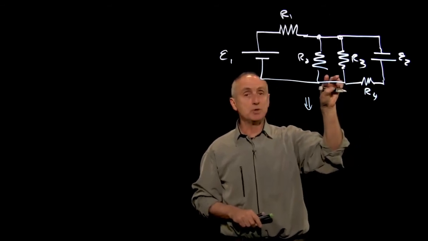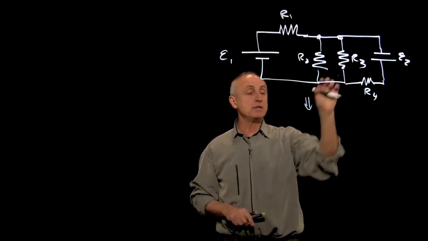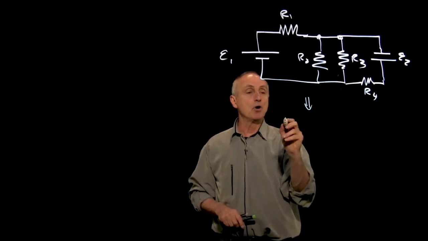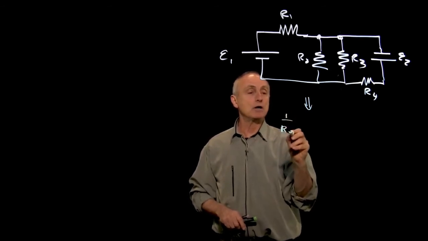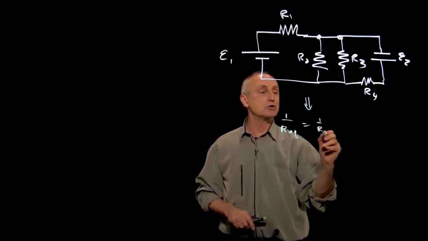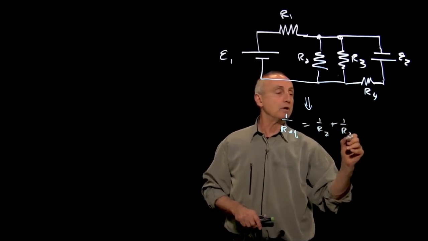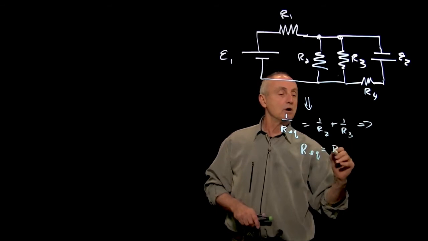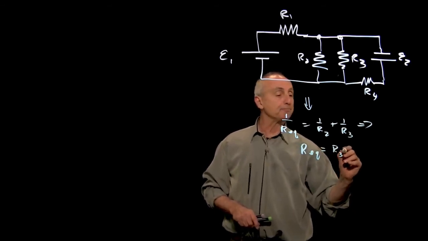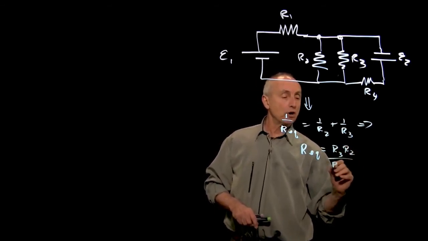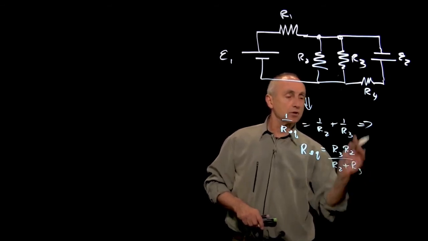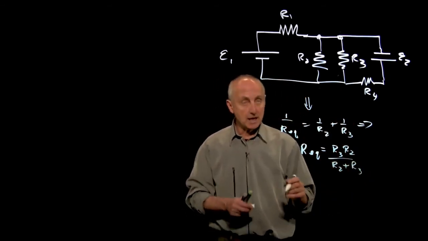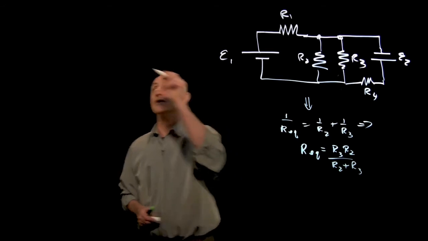So these two elements we can reduce to an equivalent element. We have 1 over R equivalent is 1 over R2 plus 1 over R3. And that tells us that R equivalent is R2 R3 over R2 plus R3, after a little combining of terms and inversion. And so then our circuit looks like this.